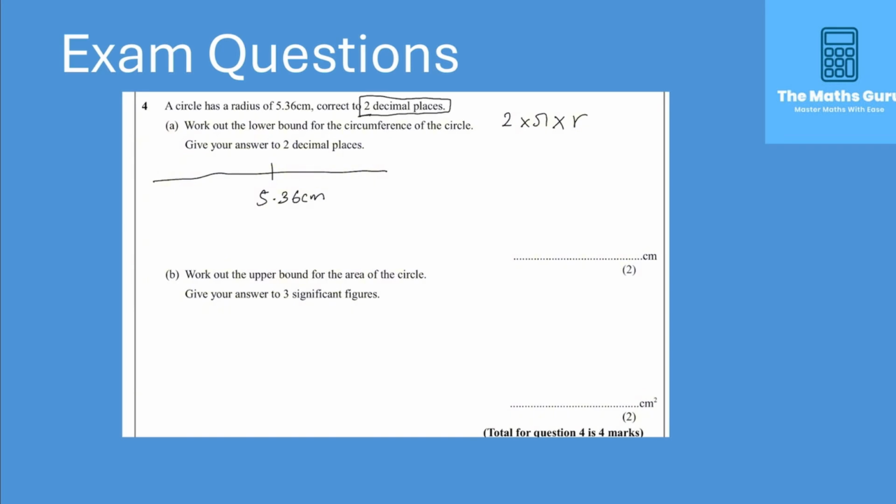So we notice that the last value is 6, so it is in the second position after the decimal point. So what we're going to do is push that up by 1 in the positive direction. And what I mean by this is put it as 5.37 centimeters. So as you can see, where the last value was 6, we've added 1 on the right hand side, and then we're going to drop it by 1 on the left hand side to get 5.35 on this side.